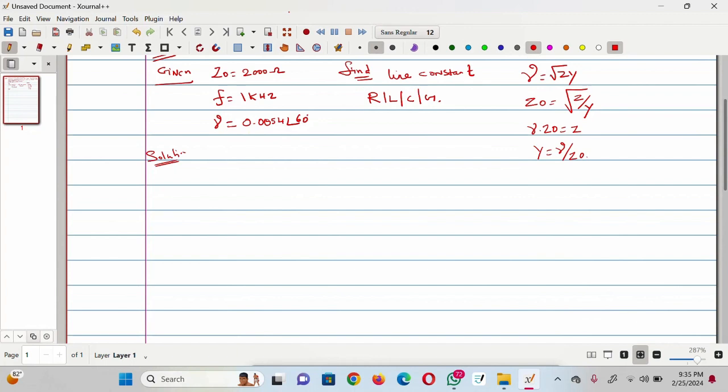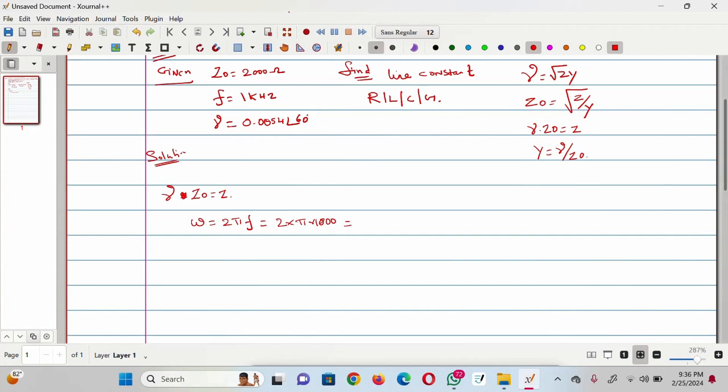Before solving, gamma into Z naught equals z. First, omega equals 2 pi f. We already know the f value. So 2 into pi into 1 kilohertz, that means 1000 hertz.